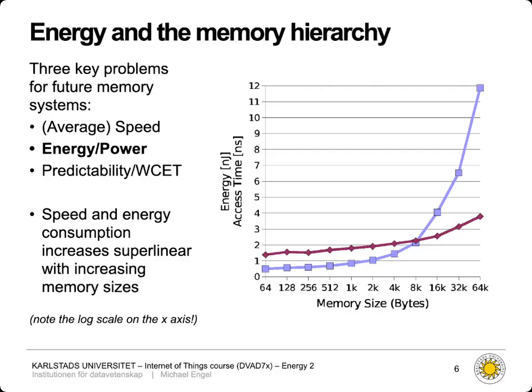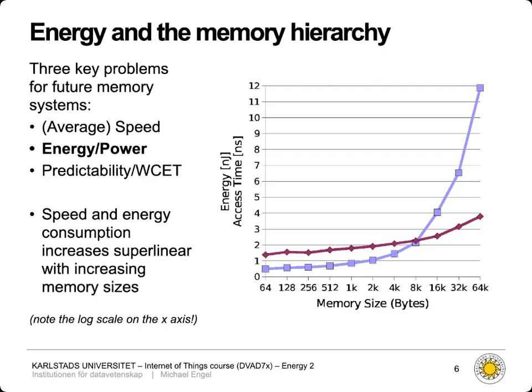And unfortunately, speed, but also energy consumption, increase superlinearly with increasing memory sizes. So we have this diagram on the right-hand side here. We have the memory size in bytes on the x-axis, and the energy consumption and also relative access time on the y-axis. And you see that especially the energy, which is the purple line here, increases exponentially, well, as the memory sizes go up.